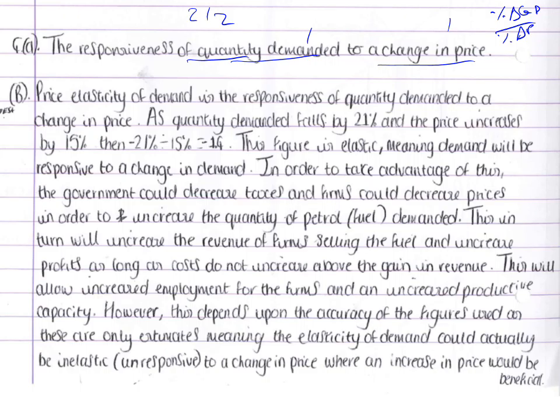In the case study, what it states is that there has been a 15% increase in price and a 21% decrease in quantity demanded. So a negative here and the 15% here. So we have a negative 1.4 PED.